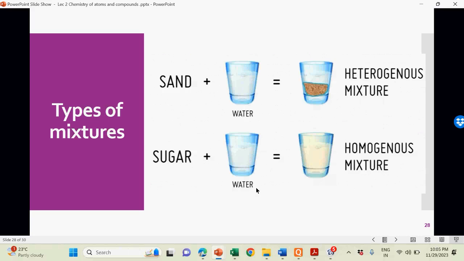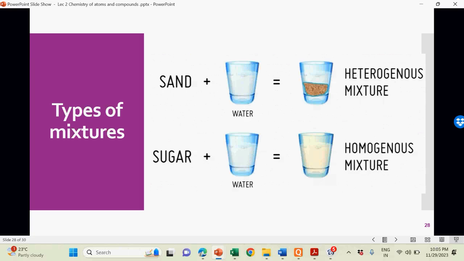Still, it's the same mixture of sugar in water. If you add only 1 mole of sugar to 100 moles of water, still you are talking about the same homogeneous mixture between the sugar and water.